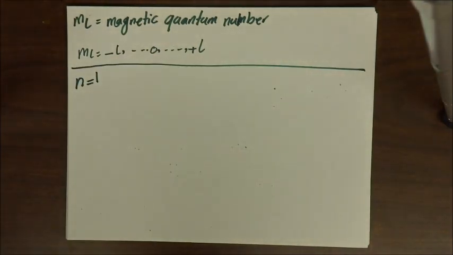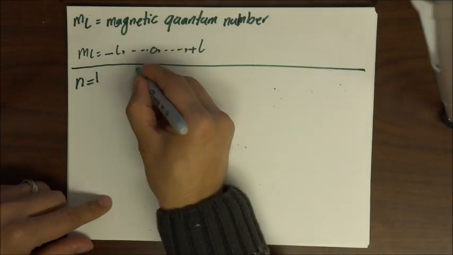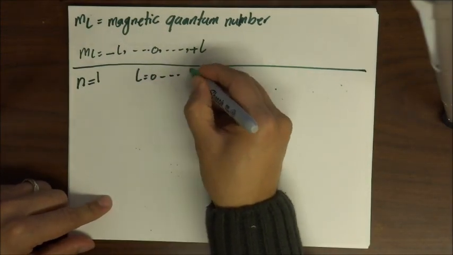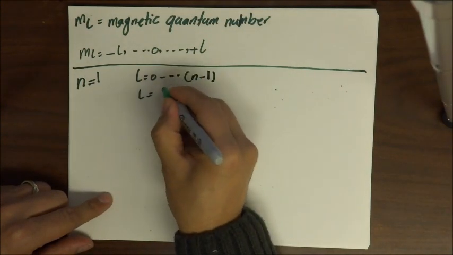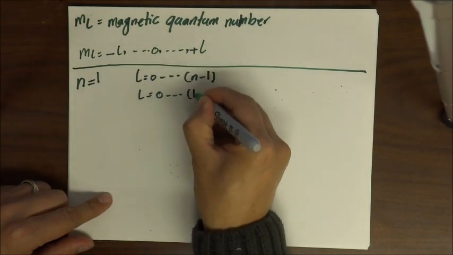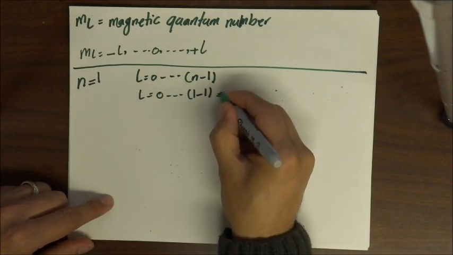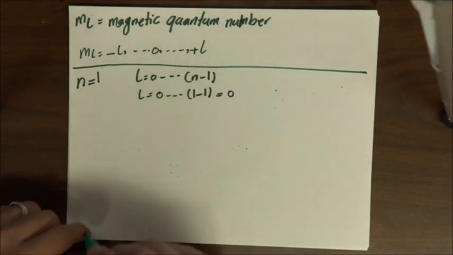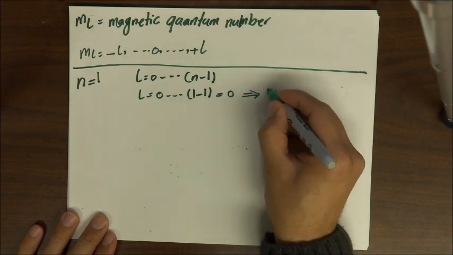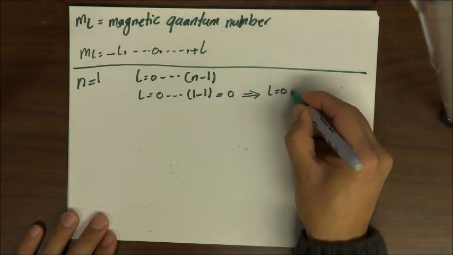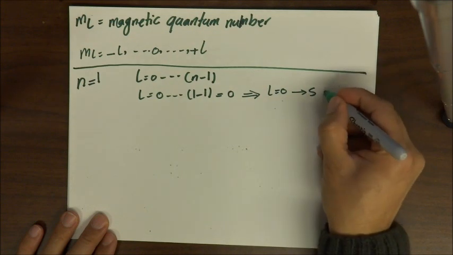When n is equal 1, L will be 0 to n minus 1. So L will be 0 to 1 minus 1. So we are dealing with just 0. We said when L is equal 0, it is an s orbital.